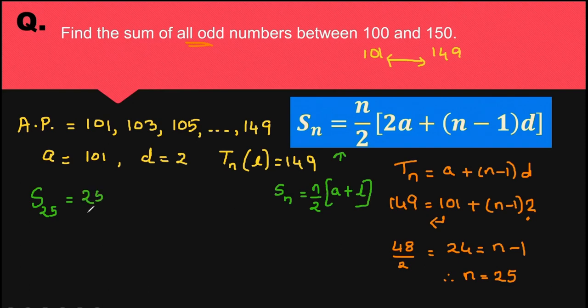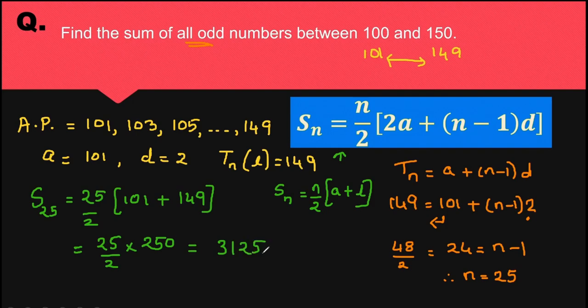So 25 by 2, first term 101 plus last term 149, gives 25 divided by 2 multiplied by 250, which is equal to 3125. So the sum of all the odd numbers between 100 and 150 is 3125.